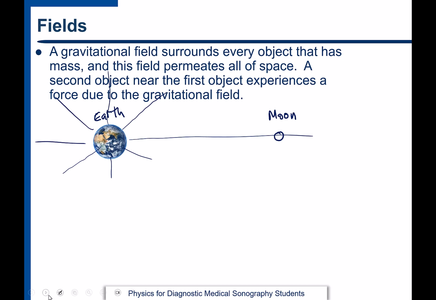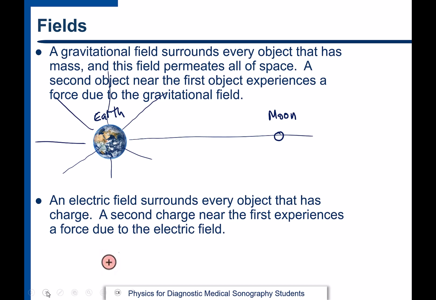How does this pertain to electricity? Well, we use the same idea. An electric field surrounds any object that has charge. So here we have a positive charge. It's creating an electric field that goes out in every direction.